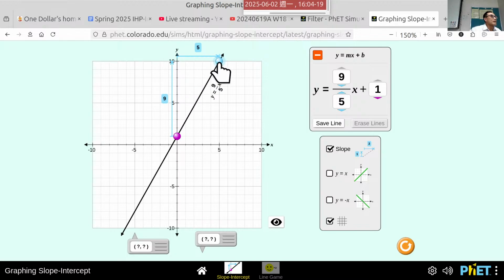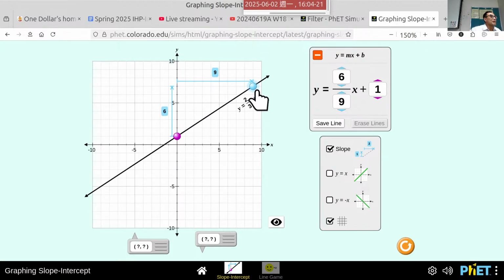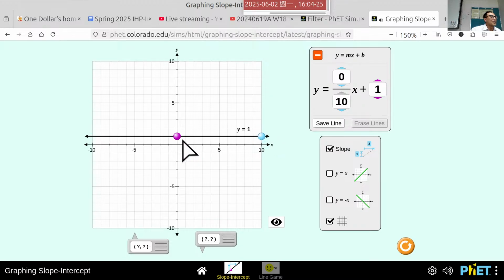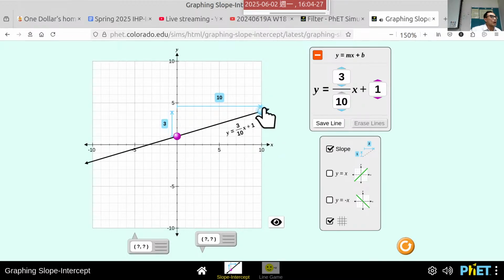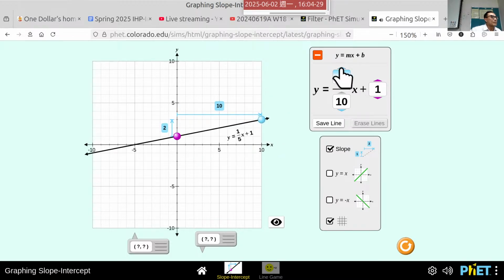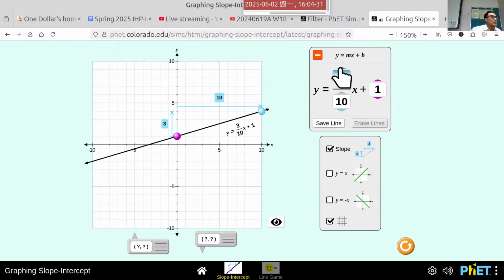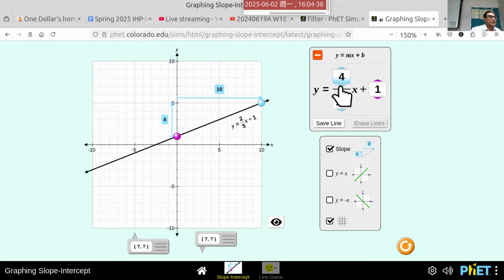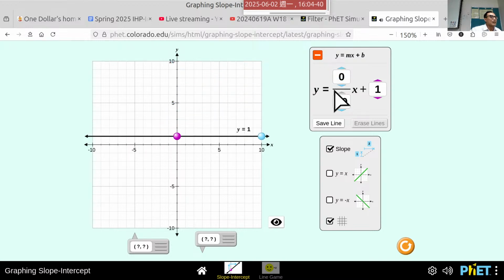When the denominator is fixed and you increase the numerator, the slope increases. You lower the numerator, the slope decreases. When it becomes horizontal, the slope is 0.